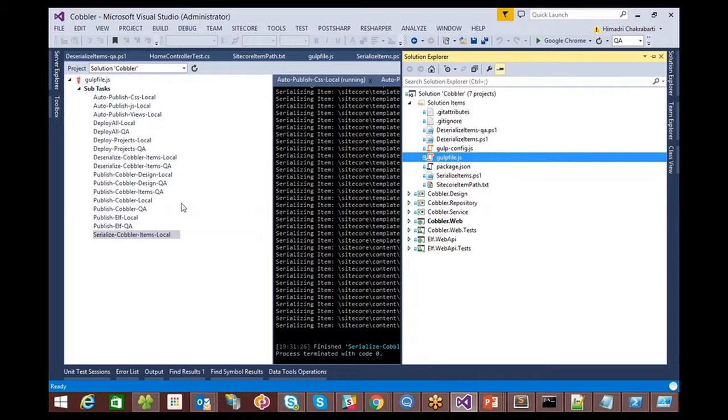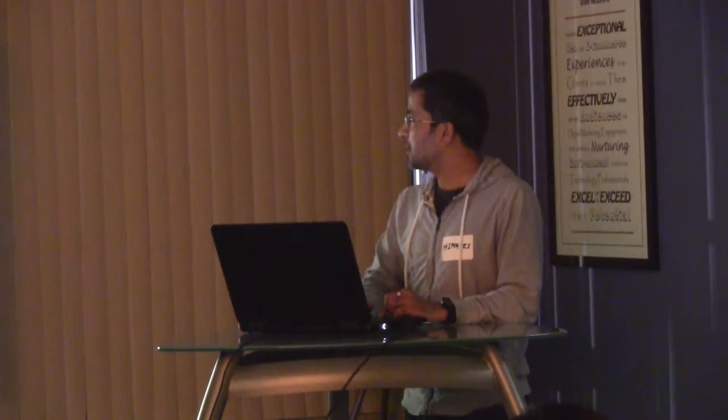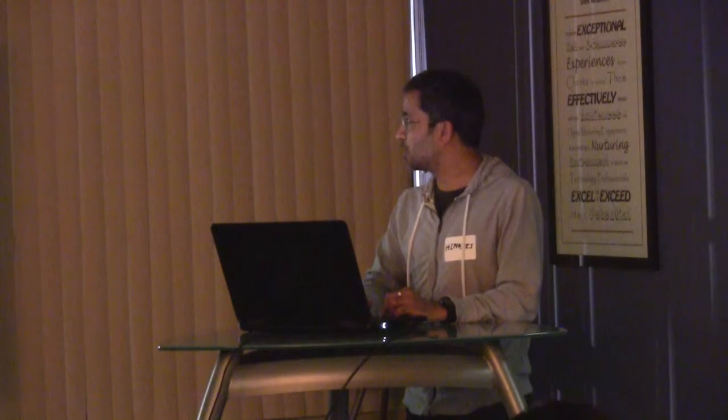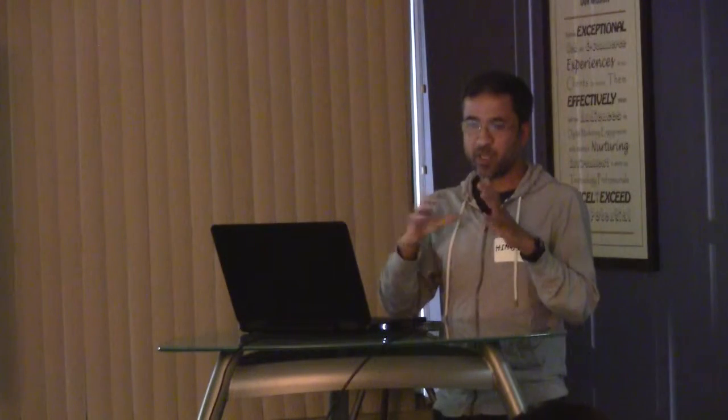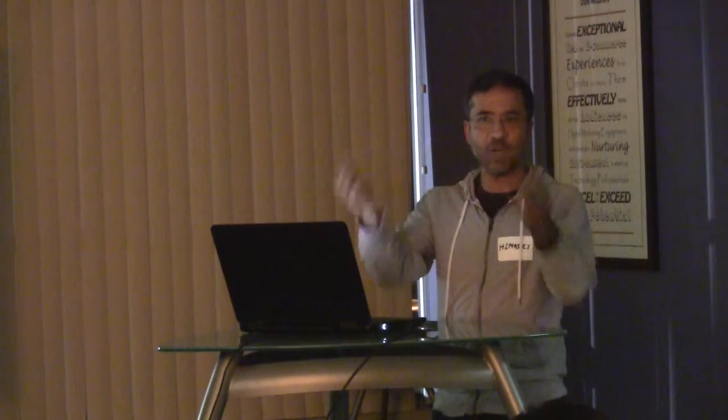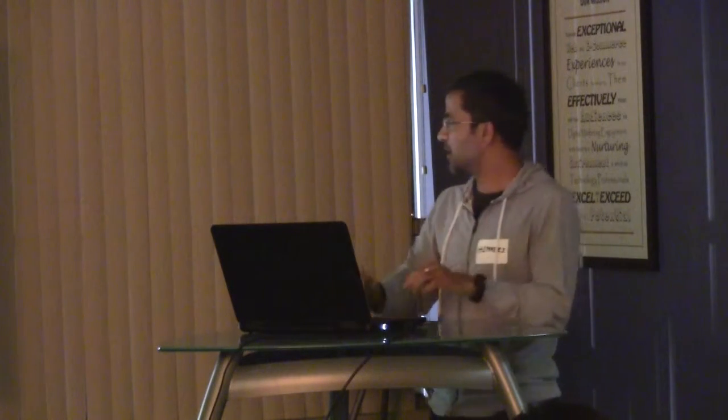developer 2 will work on whatever he is working on, and they can go to this deploy all local. This is actually the script which is the combination of all the scripts to deploy everything in the files and Sitecore items and everything in the Sitecore instance.